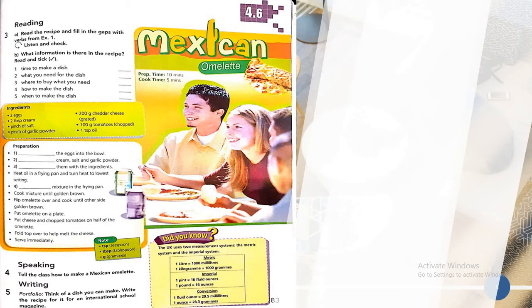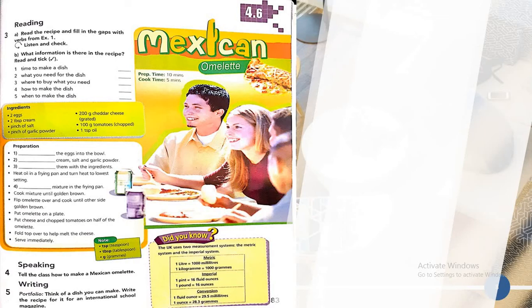Look, we have judges. They are waiting for the Mexican omelette. So we have here a preparation time of 10 minutes, and we have cook time 5 minutes. Okay, now let's go back to reading.